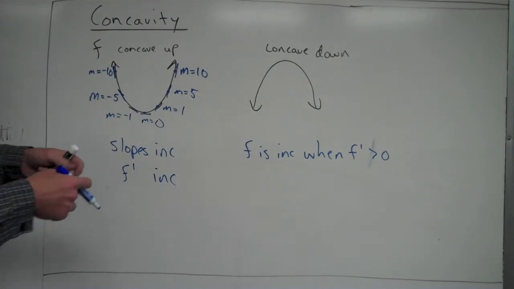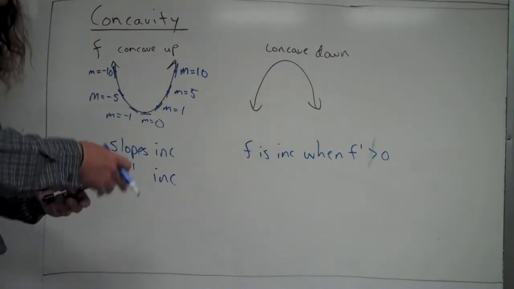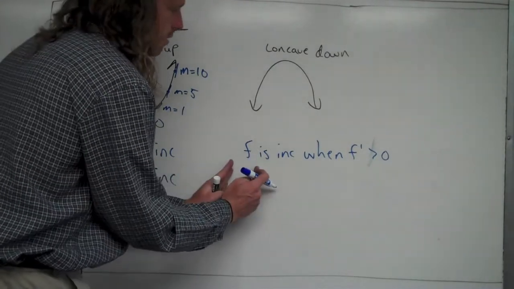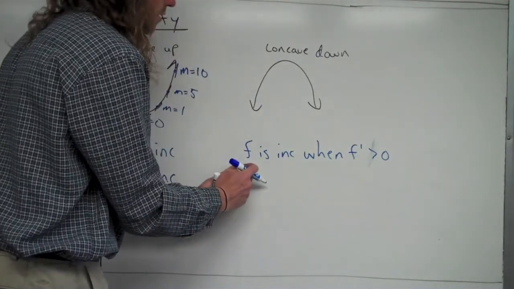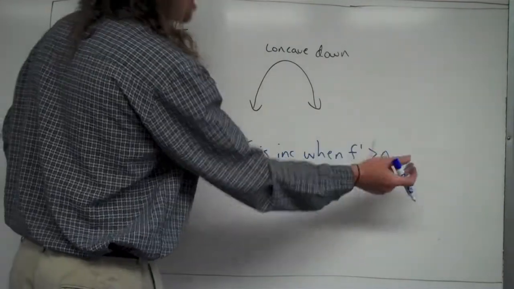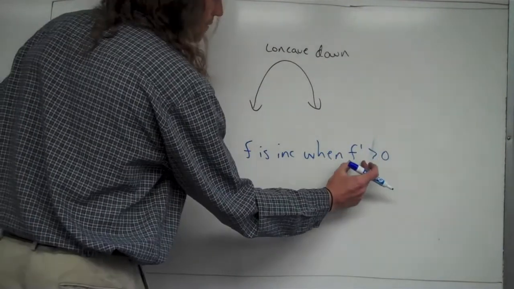So the idea is this, I used f here. I could have used anything. I could have said g, I could have used any type of function. And whatever I use here, this is the derivative. f prime is the derivative of whatever this is here. So I could have said g is increasing when g prime is greater than 0. Whatever I put here, the derivative would go here.